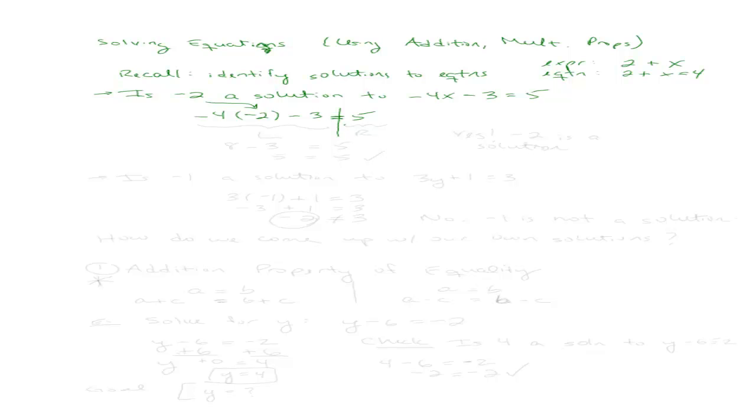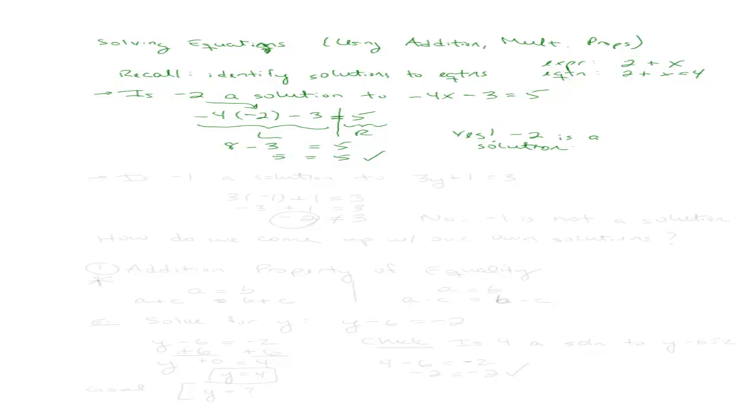Anything to the left of the equal sign, I'm going to call the left side of the equation. Anything to the right of the equal sign, I'm going to call the right side of the equation. So when I simplify the left side, I'm going to get positive 8 minus 3 equals 5. 8 minus 3 is actually 5. So because the left side and the right side of the equation are both 5, I know that yes, negative 2 is a solution to the equation.